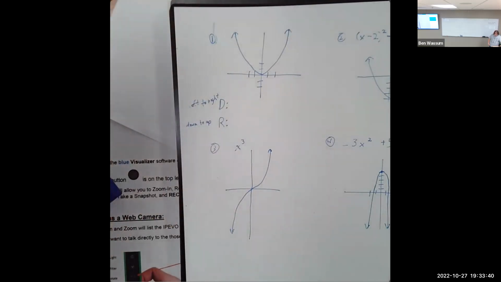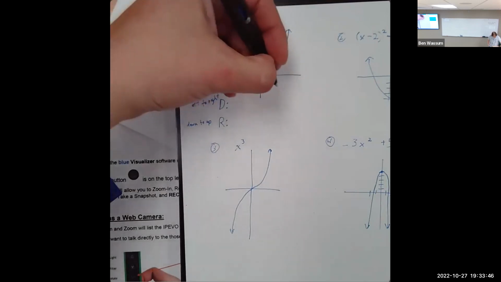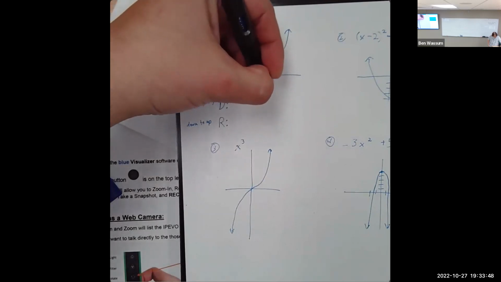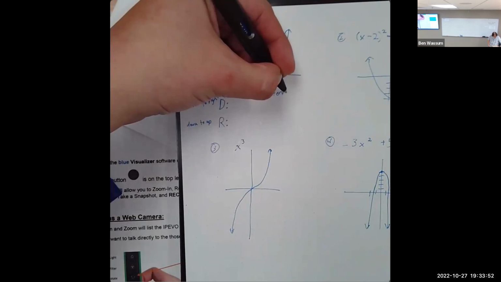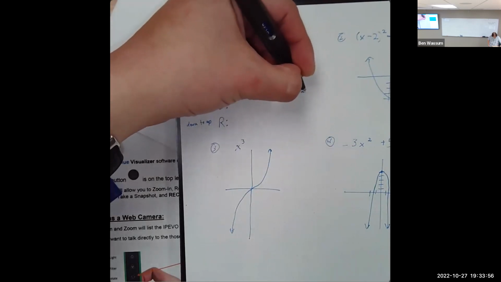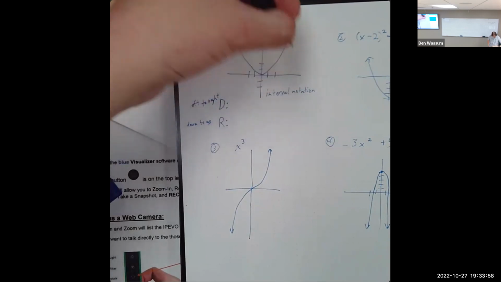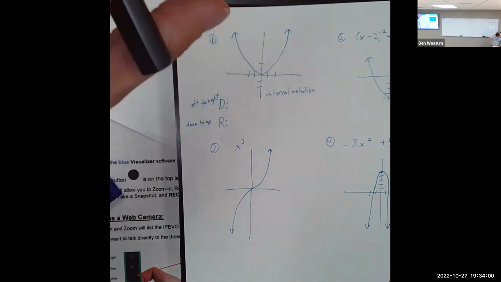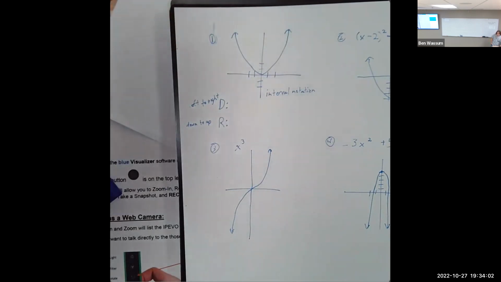The way I prefer, the way that is kind of universally accepted, is called interval notation. Now, if you're not familiar with that, because I know a lot of you haven't been in my class before, you gotta write it down. And I highly recommend looking up maybe a 5-minute video on YouTube or something.